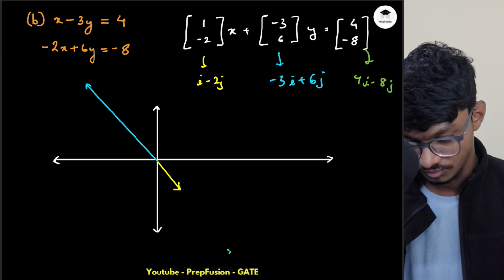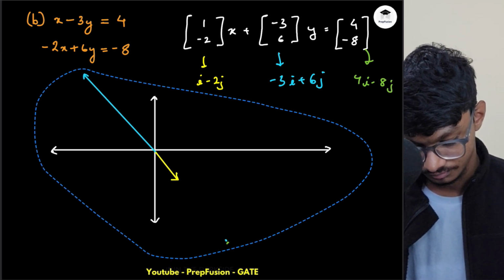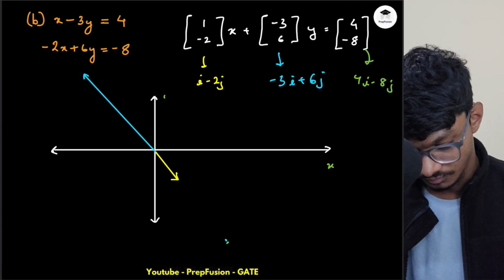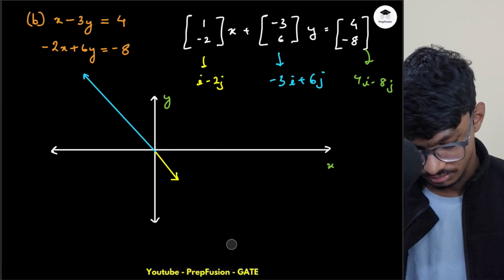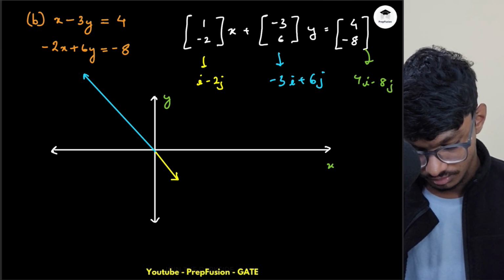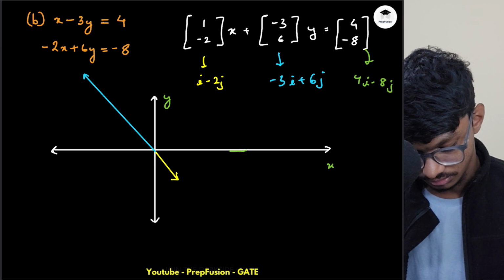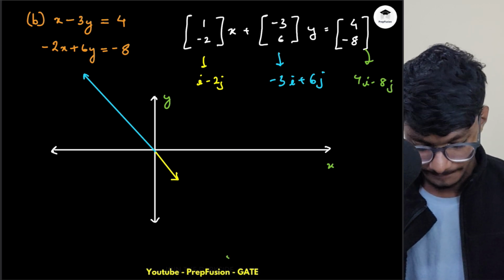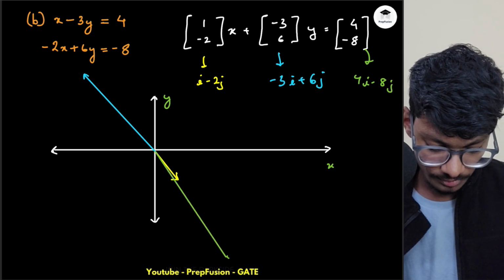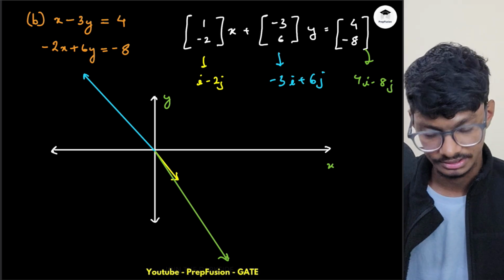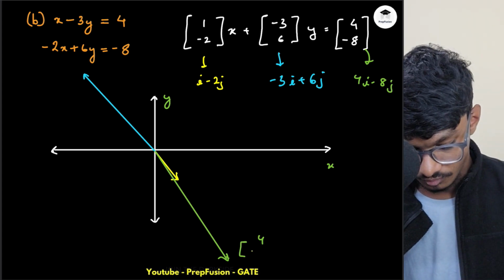Let me shift this one to the top and mark this x and y. Minus 8 will be very very down actually. I won't be able to properly represent it; it will be more down. So this is 4 comma minus 8.